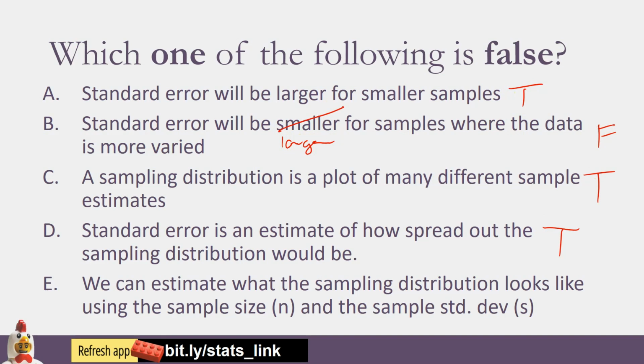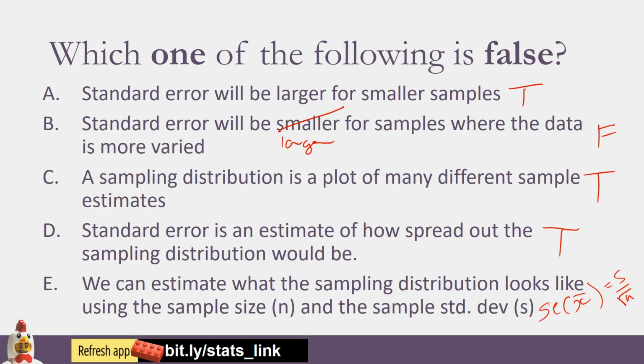And E, our last one: we can estimate what the sampling distribution looks like using sample size and sample standard deviation. So the standard error for a sample mean is calculated by using those two things, the sample standard deviation divided by the square root of the sample size.